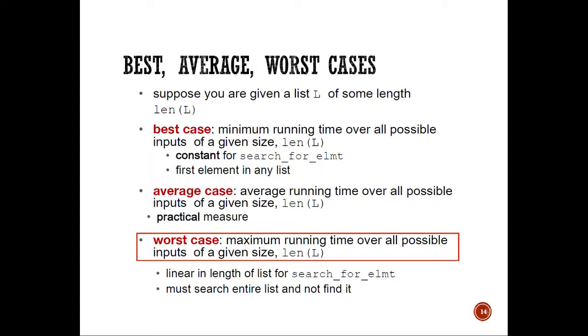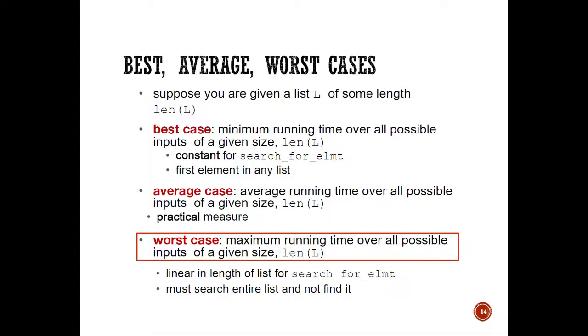Suppose that we have a list L of some length. The best case, which is the minimum running time over all possible inputs, is constant, which is basically having the element being the first element in any list. The average case is the average running time over all possible inputs of a given size, which is the length of L. And the worst case, which is the maximum running time over all possible inputs, would be linear in the length of the list.